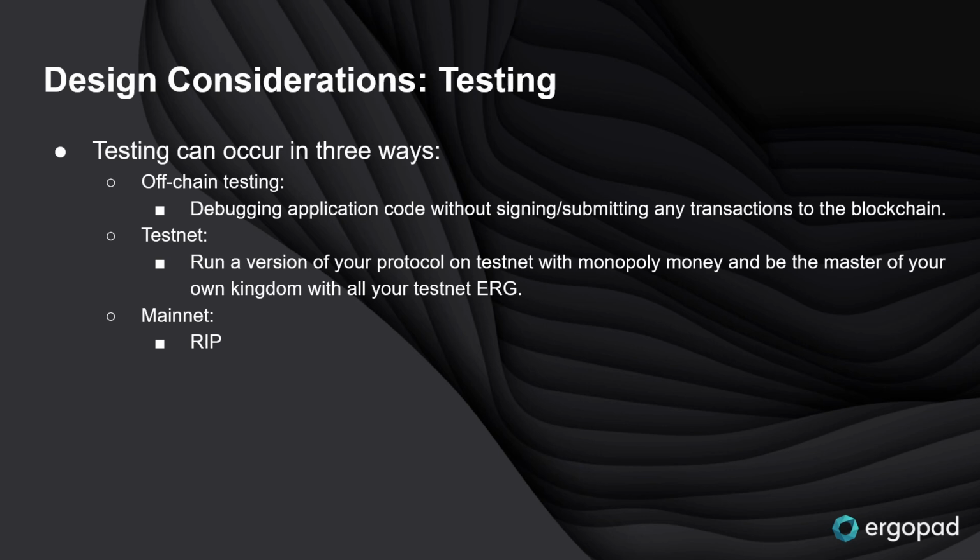If you want to actually test your protocol on a real blockchain, then you can run it on testnet with all your fake money, and you can also test on mainnet, but you'll be using real Erg, and so any money you lose, it will be gone.